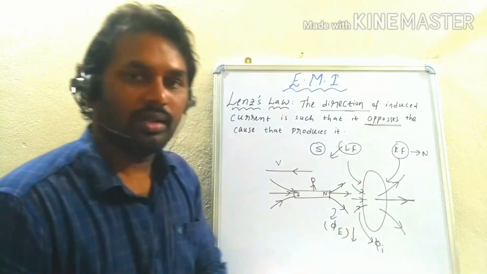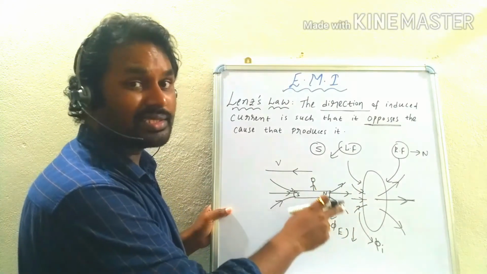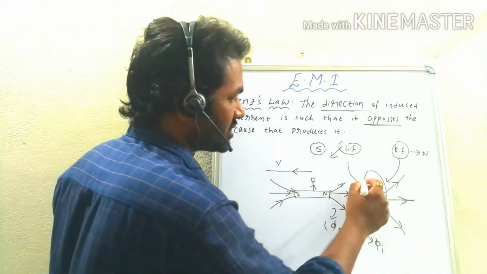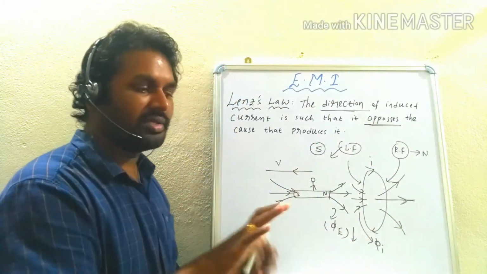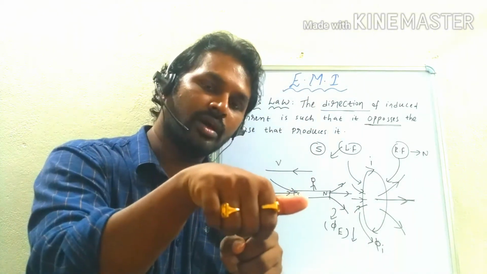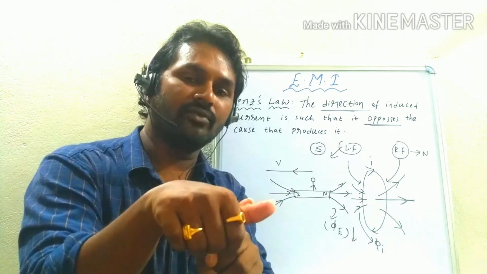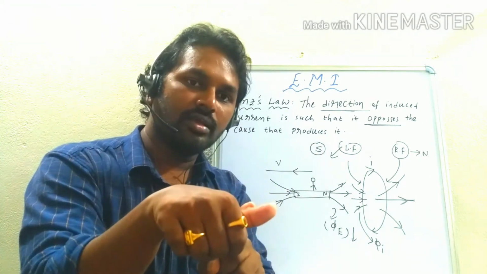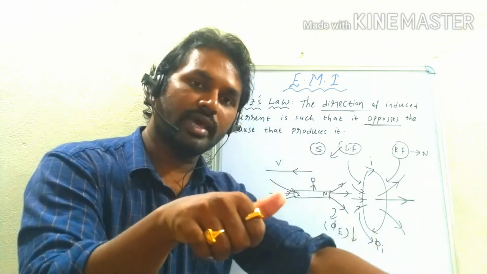This is possible when the current which is set in the coil is in the clockwise direction. You can take the current in the clockwise direction. You can see here, if the current is in the clockwise direction, with the thumb towards the right side, the magnetic lines of force emanating from the right face are towards the right.